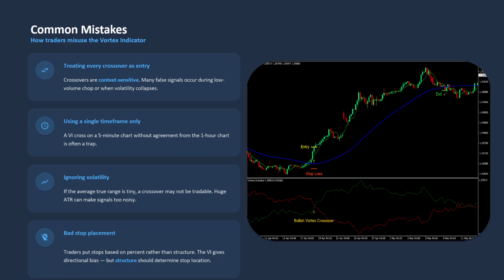Ignoring volatility: if the average true range is tiny, a crossover may not be tradable. Conversely, huge ATR can make signals too noisy. Bad stop placement: traders put stops based on percent rather than structure. The VI gives directional bias, but structure should determine location. We'll build concrete filters that drop false triggers by a large margin in later parts.